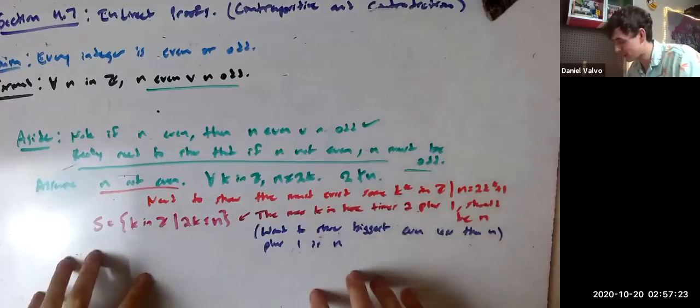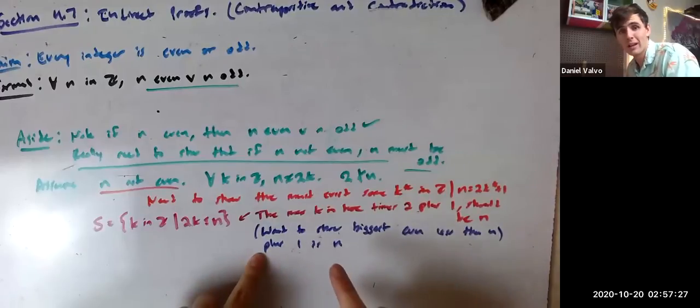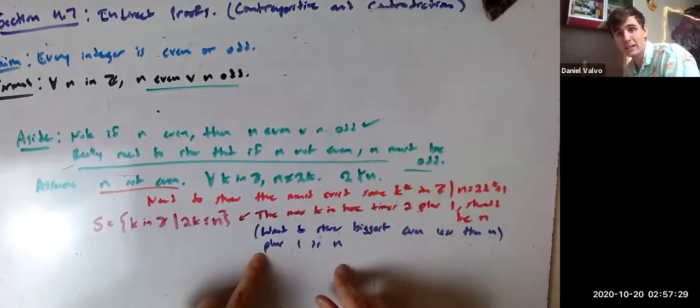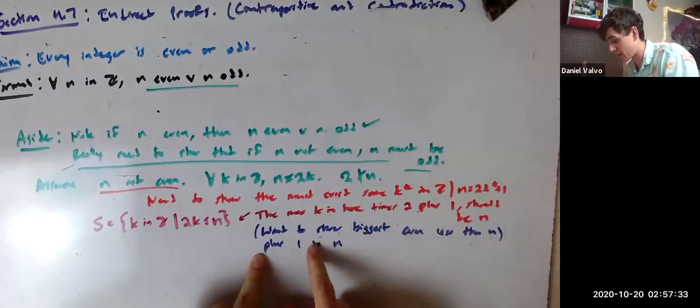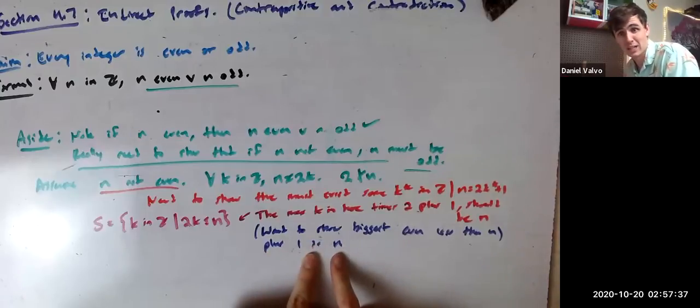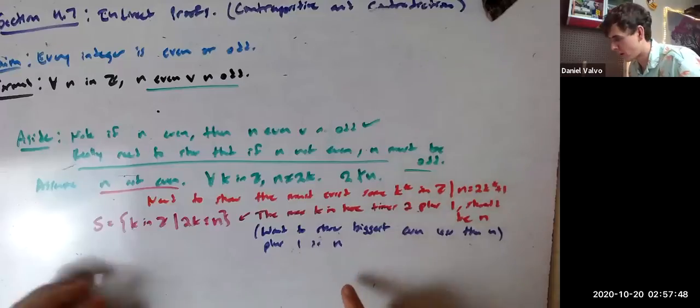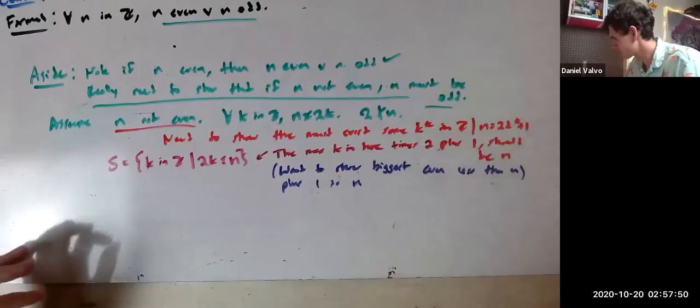Does that idea make sense? If we show that the biggest even less than n, plus 1, is in fact n, well then we've just shown that n is odd, because being odd is basically being even plus 1. Okay, well, this is making sense.